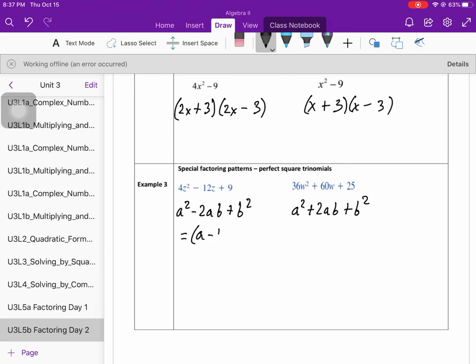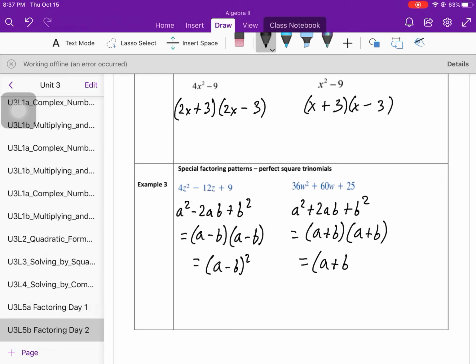What these equal is a minus b times a minus b, which we also know as a minus b squared. And this one over here is a plus b times a plus b, which is a plus b squared. Now this pattern we've seen when we were completing the square, where we would take the two binomials that were the same and rewrite them as the square.